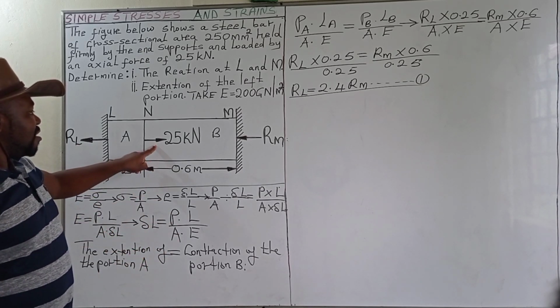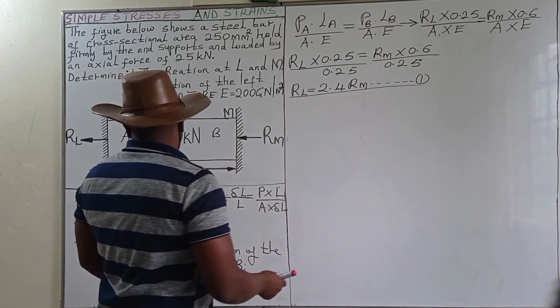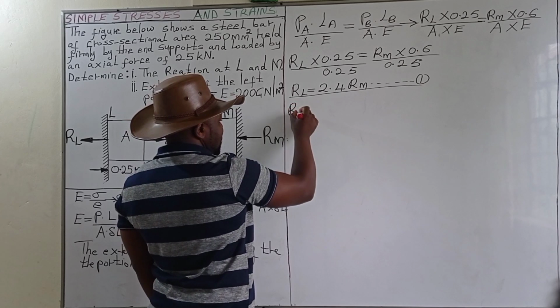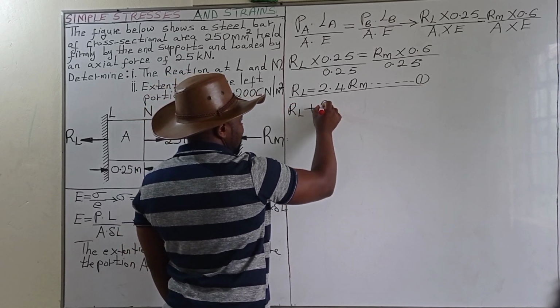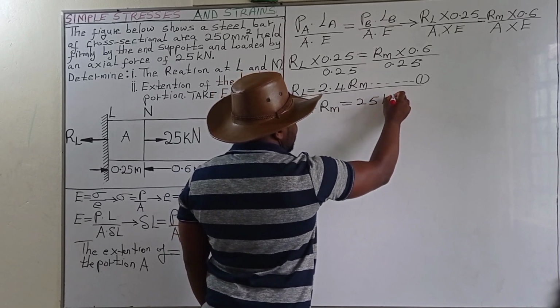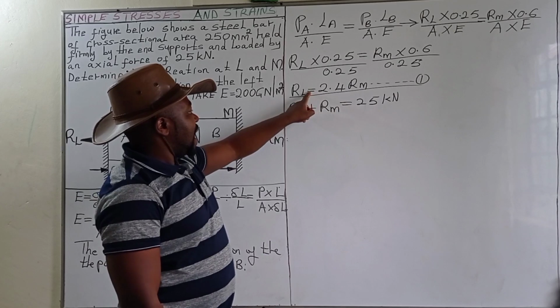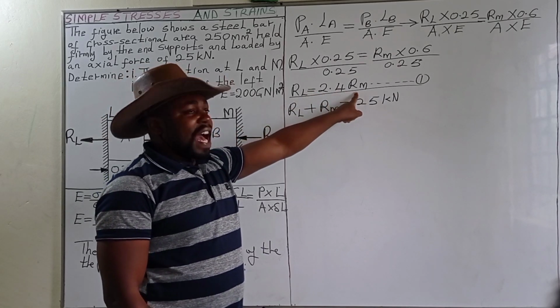But this one is acting in the opposite direction of these two reactions. So we are going to say this: the reaction at L plus the reaction at M will give you 25 kilonewtons, the resultant force. Now we have RL being 2.4 Rm.